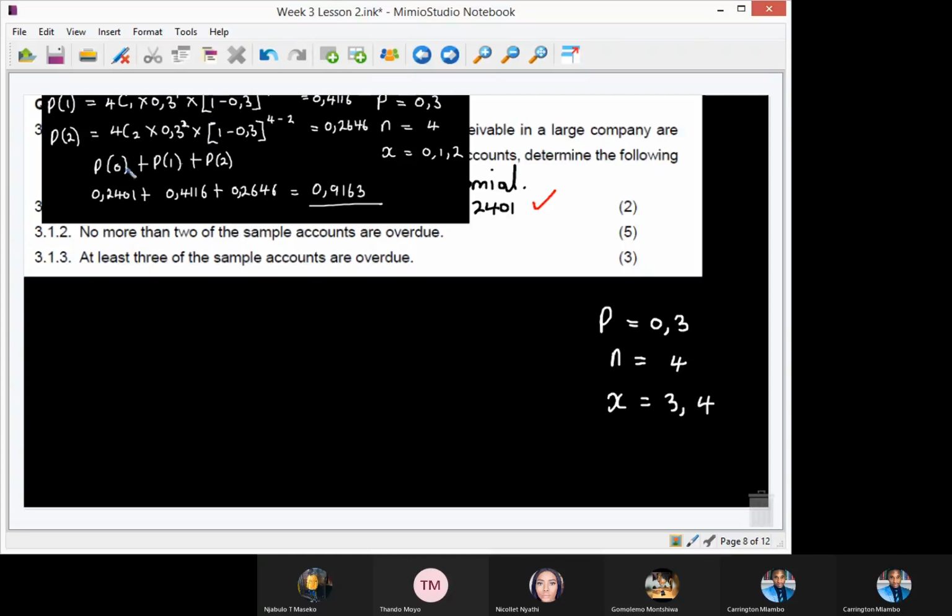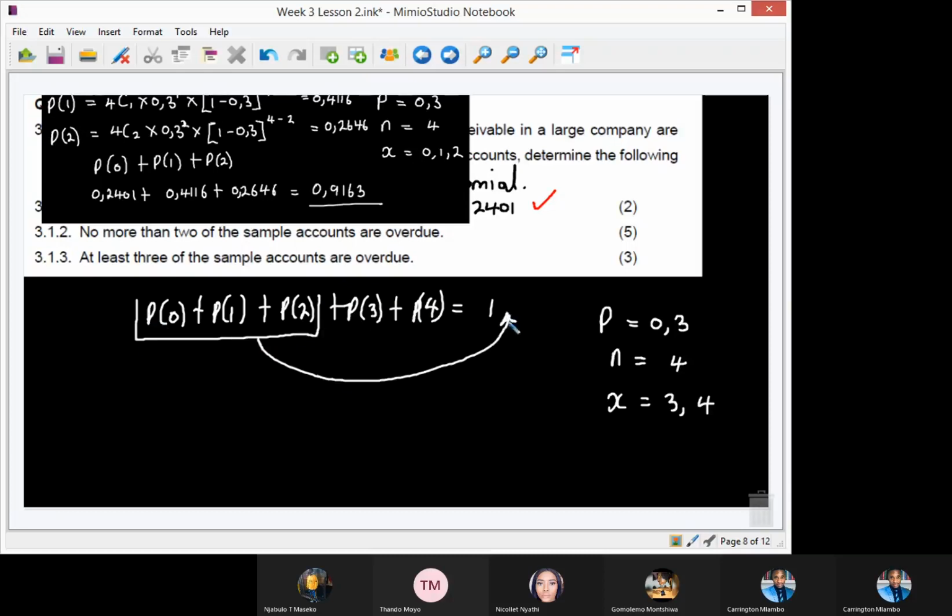But we have already calculated 0, 1, and 2. Remember, only 4 items. So it's probability of 0 plus probability of 1 plus probability of 2 plus probability of 3 plus probability of 4. Since we have 4, it gives you 1. But we have already calculated these items, so we can simply take them and subtract them from 1. 1 minus the probability of 0 plus 1 plus 2, the one that we calculated above.